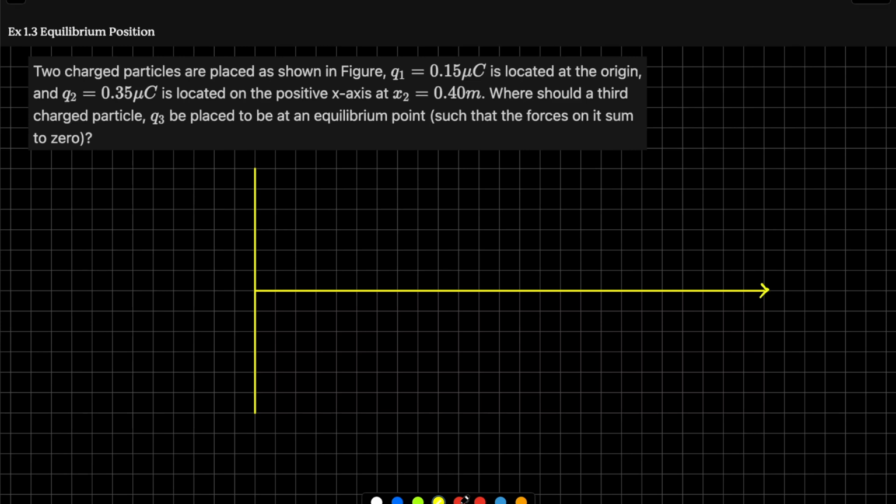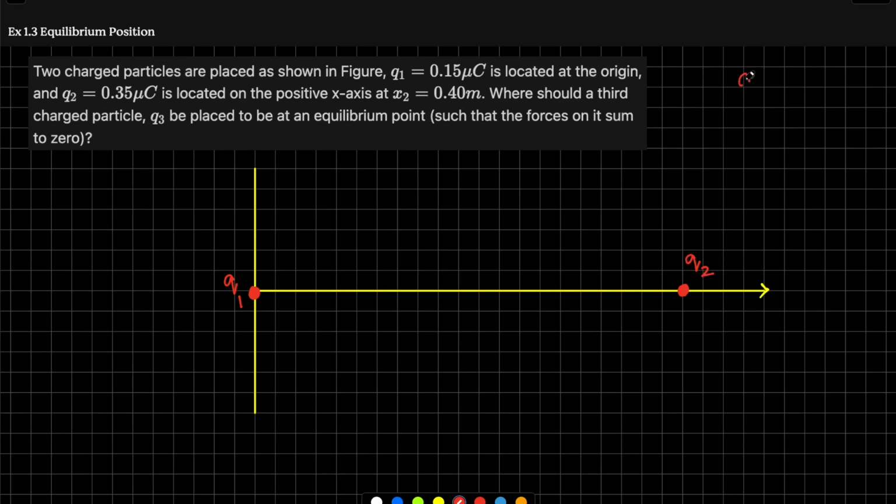So this is a one-dimensional problem. We have two positively charged particles located on the positive x-axis. This is Q1 and this is Q2.